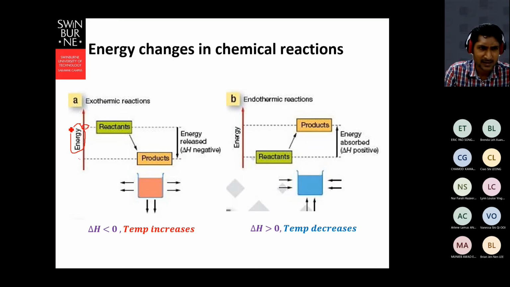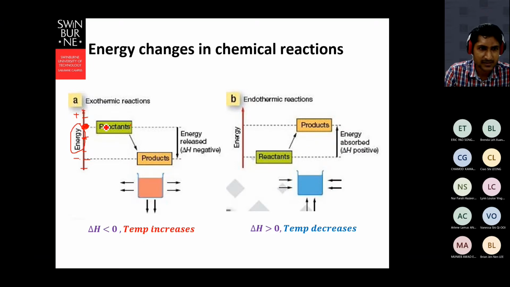Of course, the reactants were always, to some extent, stable, so we consider it as 0 where they started. Naturally, going down is the negative side, and going up is the positive side.